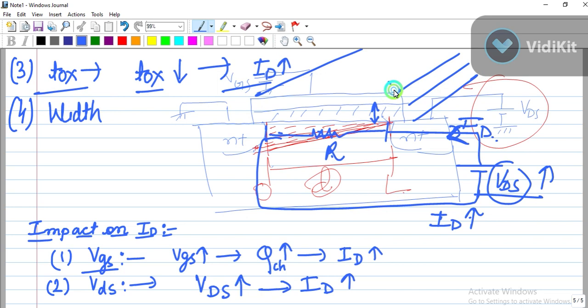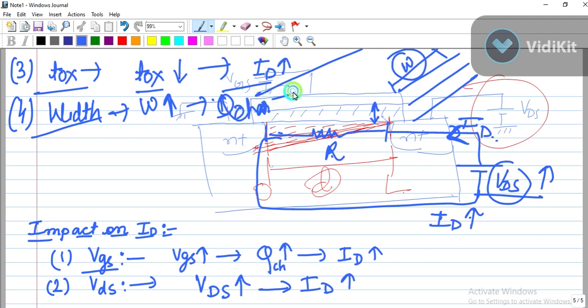If W increases, then the channel charge will also increase, and because the channel charge is increasing, ID will increase. Simple. So we saw the impact of four parameters on ID.